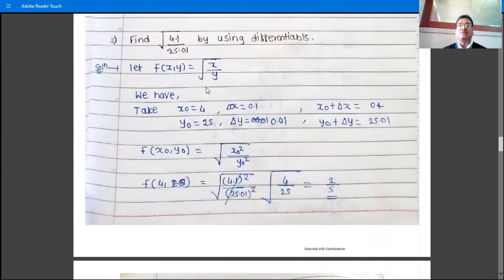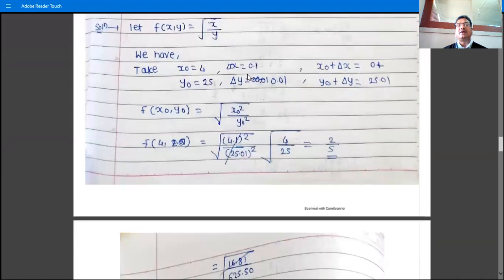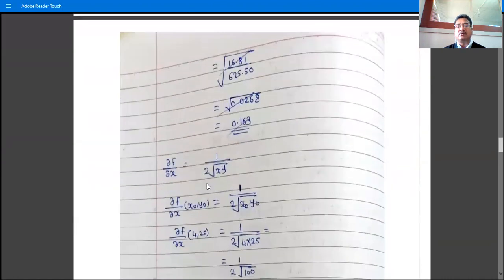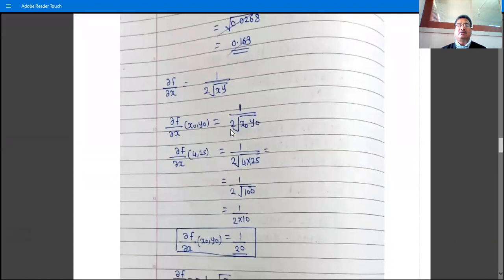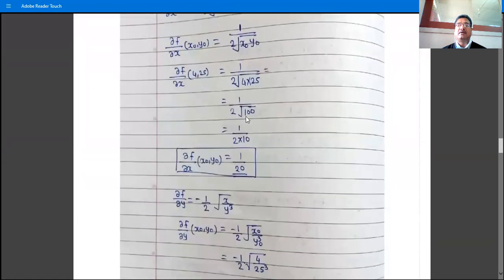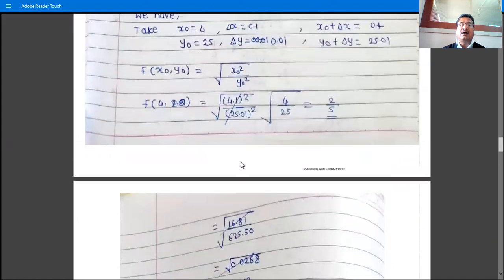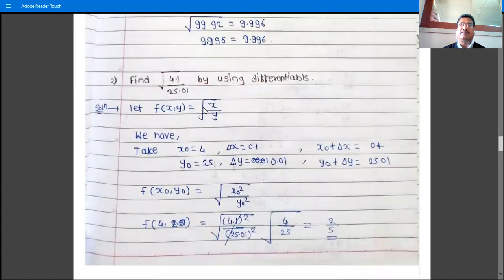And the derivative of root x is 1 by 2 times root x. So finally we have the answer 1 by 2 times root x into root y, means root of x into y. Okay. And then the value at x naught, y naught: just substitute x as x naught, y as y naught. We have this answer. Del f by del x at x naught, y naught is 1 by 20.